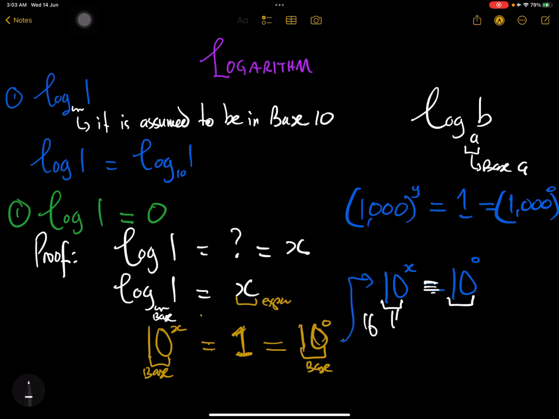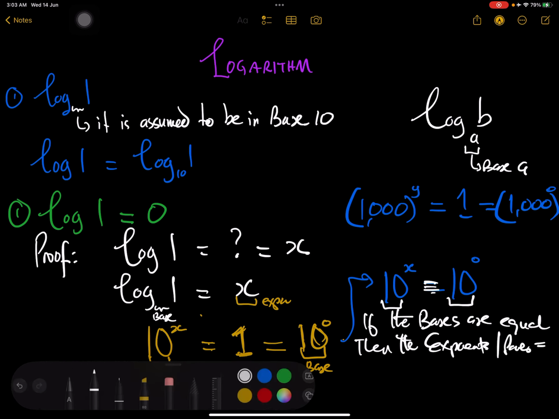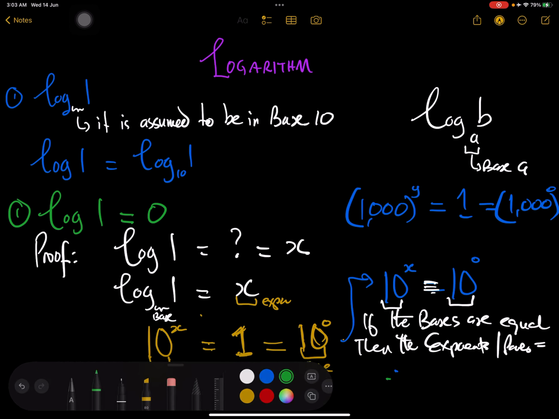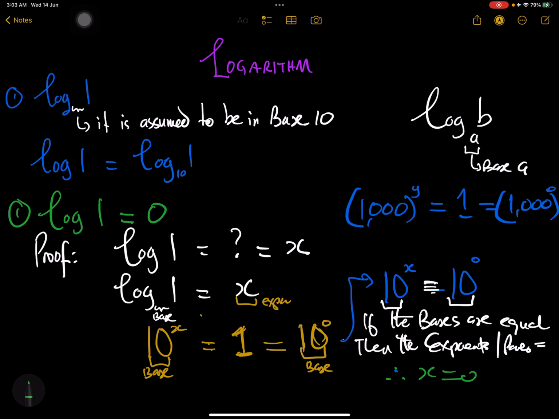If the two bases are equal, then the exponents or powers are equal. So therefore x is also equal to 0. So that's why we can say that log 1 is 0.